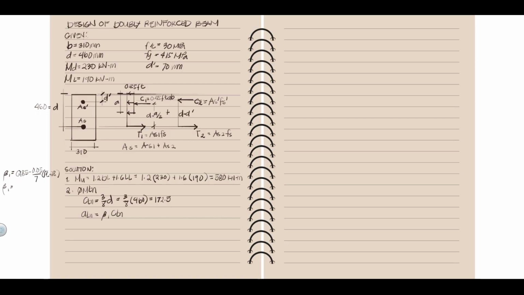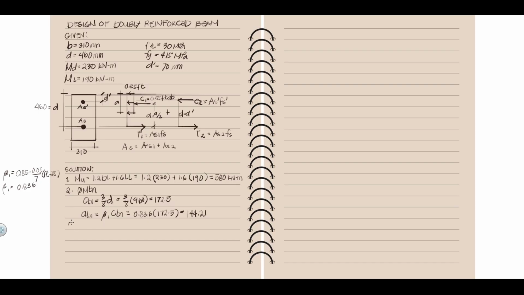Computing with F prime C of 30, we will have 0.836 as our beta 1. So we put here 0.836 times CTN, 172.5, and we will have an answer of 144.21. That will be our ATN.